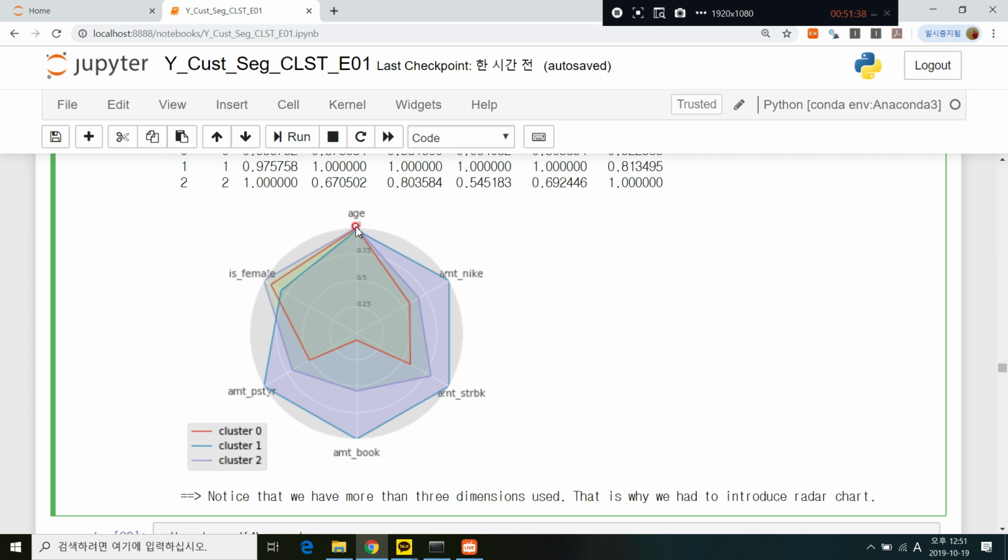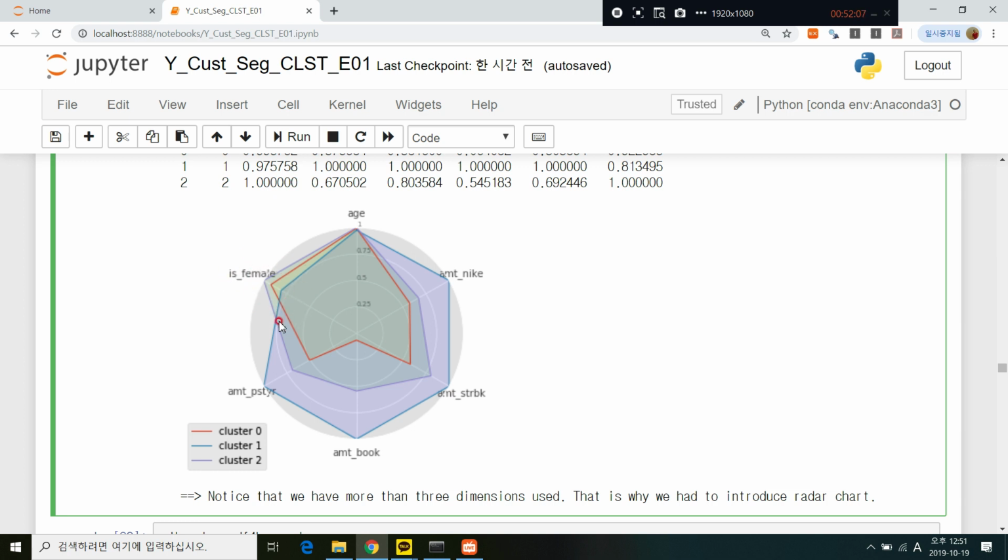As you can easily see in the radar chart, the second group, cluster number 1, looks like this. They are strong in most of the dimensions, excluding the ratio of female.